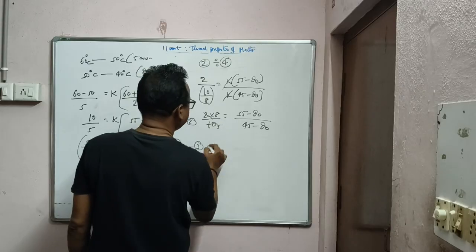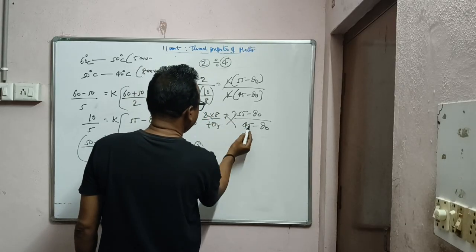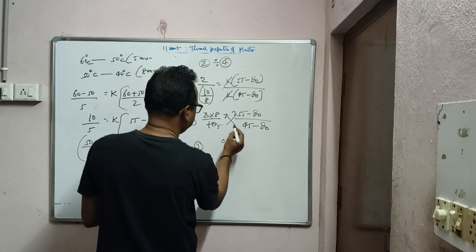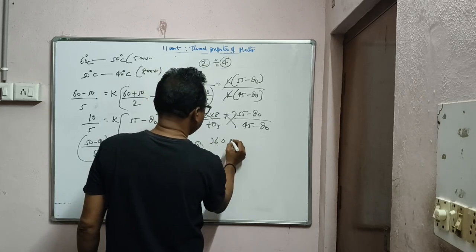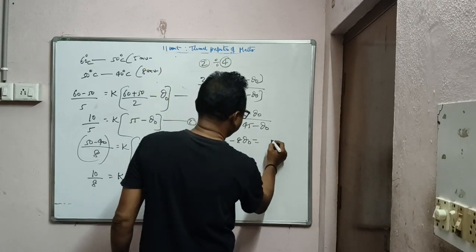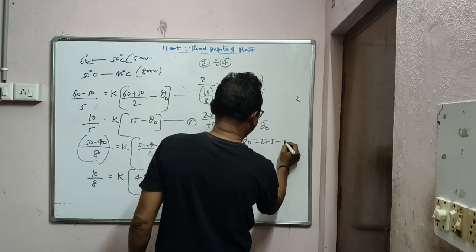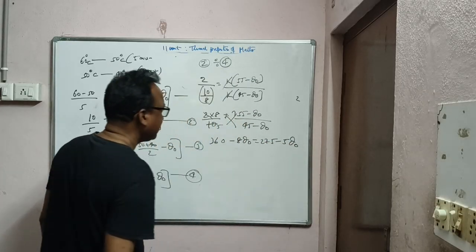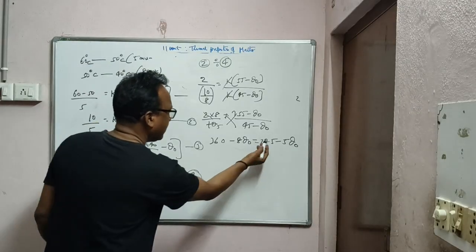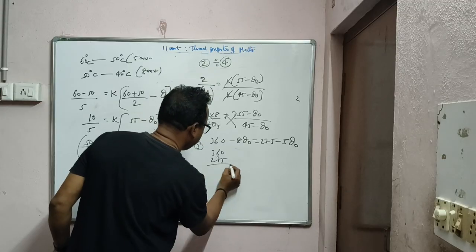Cross multiply: 8 5s are 40, 8 4s are 32, so 360 minus 8 theta 0 is equal to 5 5s are 25, 5 2s are 10, 275 minus 5 theta 0. Do you understand? Bring the theta terms to one side.